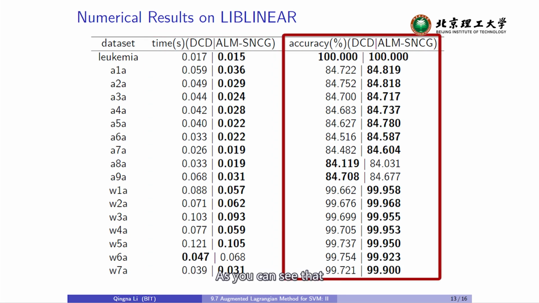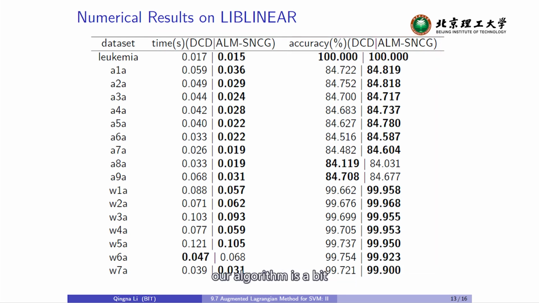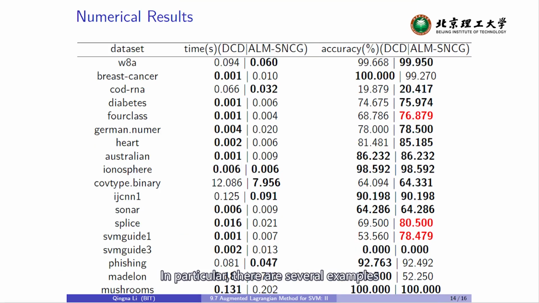As you can see, our algorithm is a bit faster than the DCD method, and in many cases, we return a bit higher accuracy than the DCD method. In particular, there are several examples showing that the augmented Lagrange method can significantly improve on the DCD method because it gets much higher accuracy than DCD does. Okay?